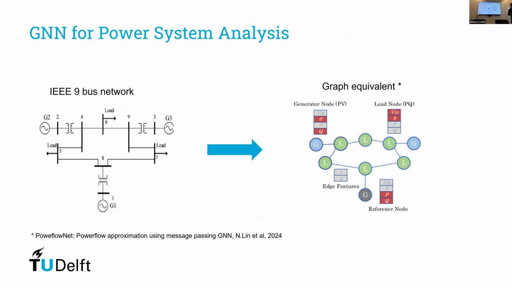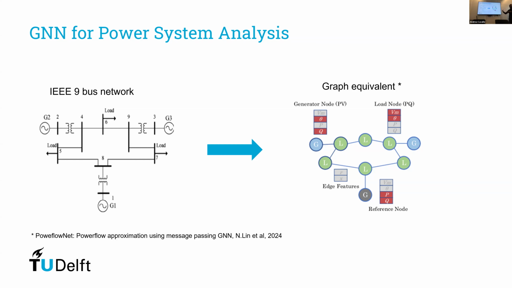Then Jochen has talked about applications of graph neural networks in power systems. In this talk, I'll focus on transmission level power systems, so maybe a little different from what he described. If we have a power system in this form, this is just a simple test system, the IEEE 9 bus.